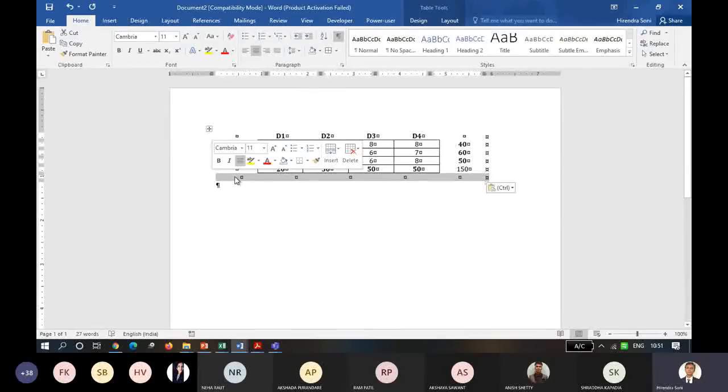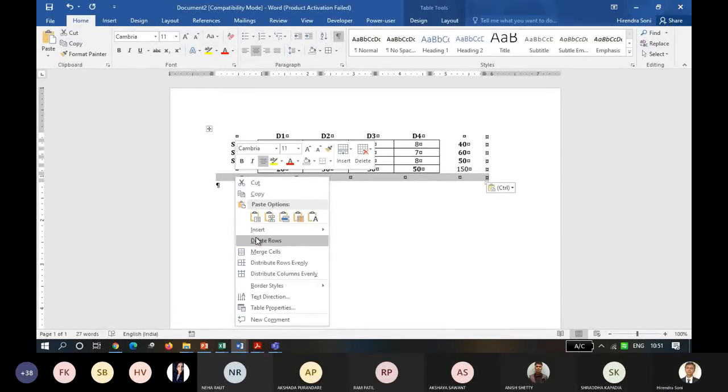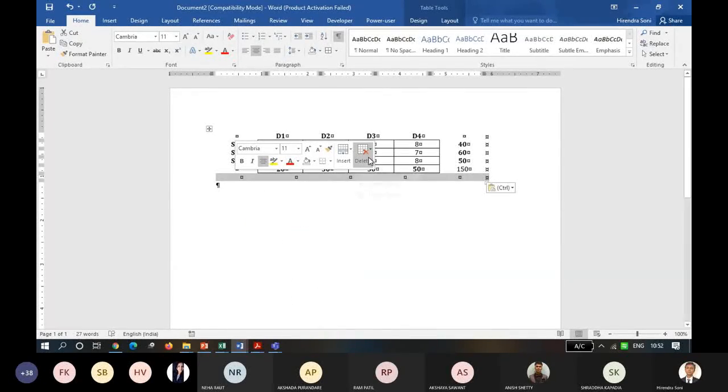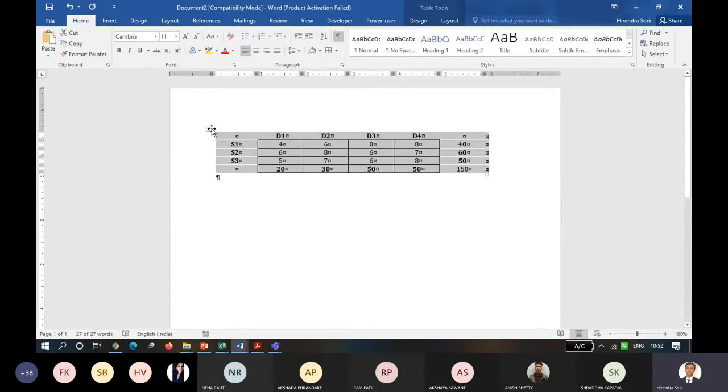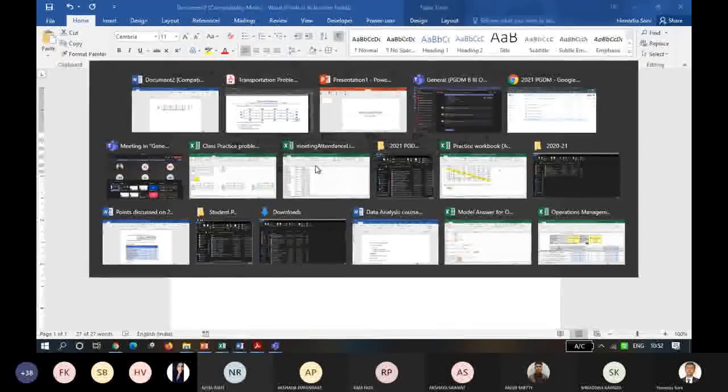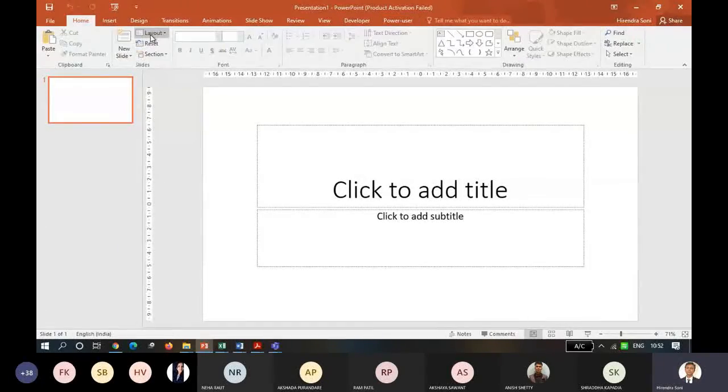I'm just putting up the structure in place. So this is my table. Let me make it a blank page.